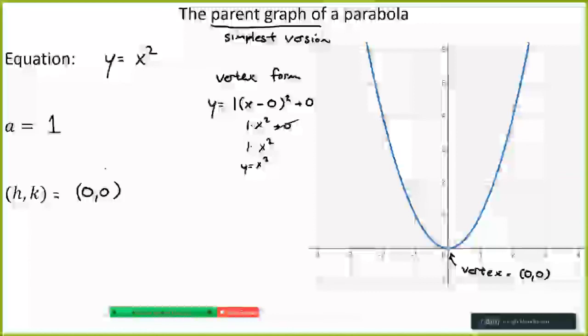Now, this is going to be useful to us because I can only imagine what people are going to think when we start graphing in a slightly easier way. If we can start using the parent graph, this image I'm showing you now, and then the idea of translations, this is going to make our graphing of parabolas and quadratics much easier, much faster than those 3 examples we just did.